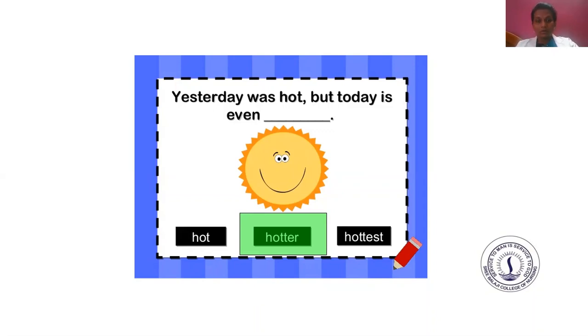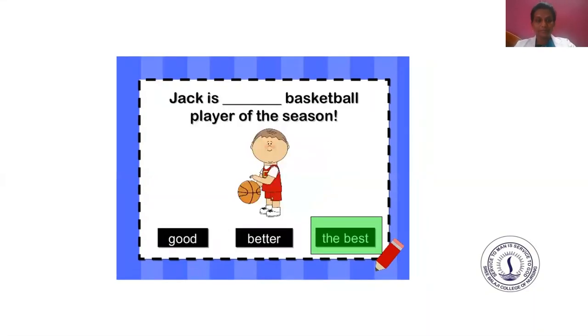So hot is the base form of the adjective and it is the positive degree, and hotter is comparative degree, and hottest is the superlative degree. Jack is the best basketball player of the season. So this is superlative. You are comparing Jack with other players. So you are saying Jack is the best basketball player of the season.